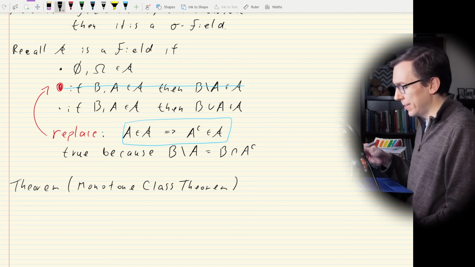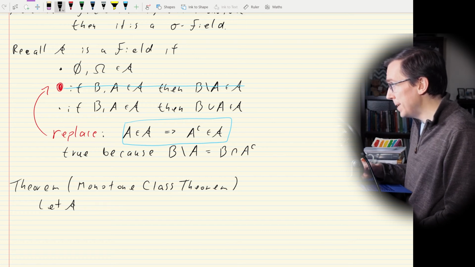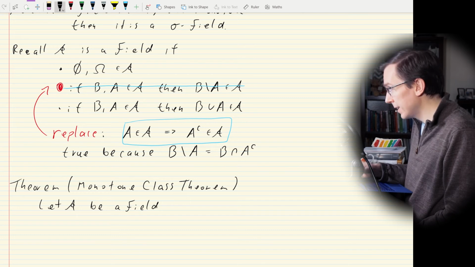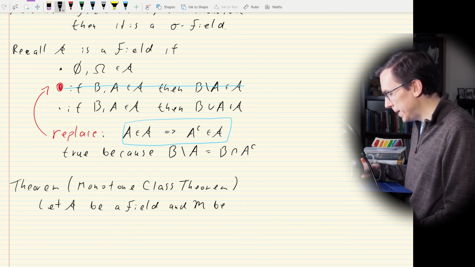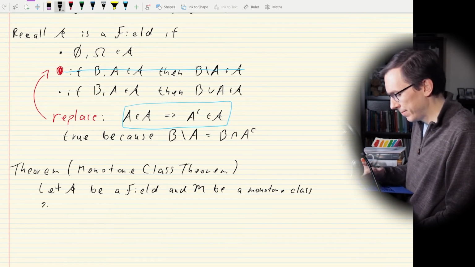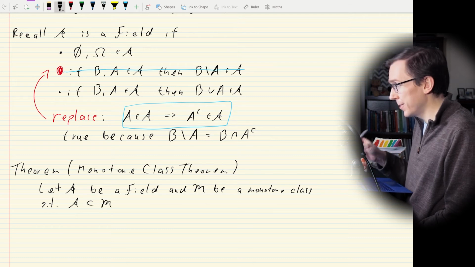The monotone class theorem says let A be a field and M be a monotone class such that script A, the field, is contained in the monotone class.